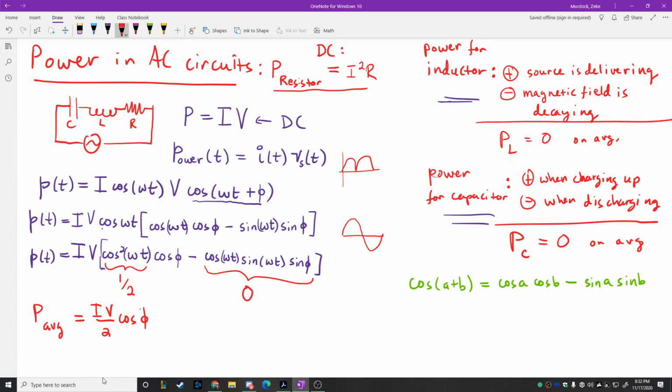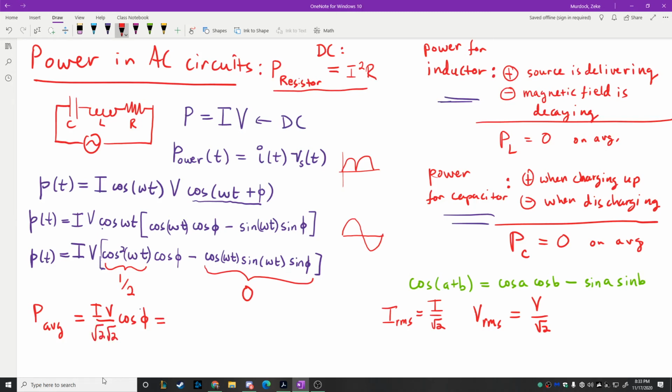The thing that's interesting about this, if we remember our definition, is that IRMS was equal to the max current divided by square root 2, and VRMS was equal to the max voltage divided by square root 2. Well, these two are divided by 2, but of course we could replace that 2 in the denominator by square root of 2 times square root of 2.